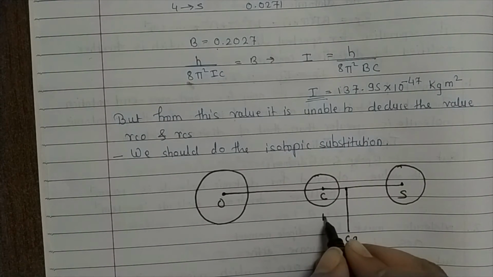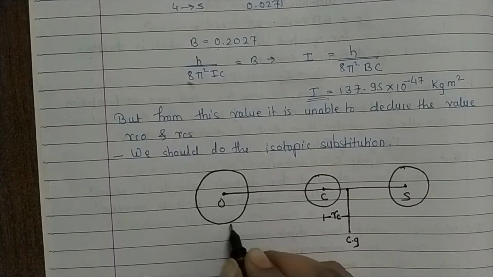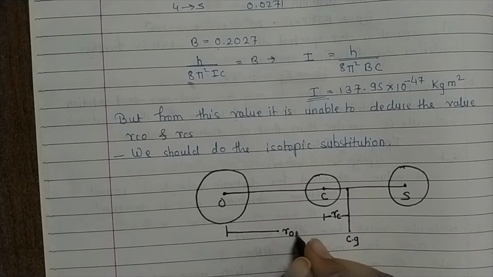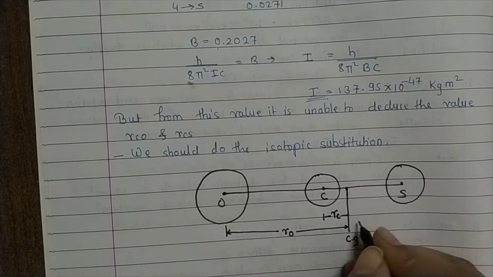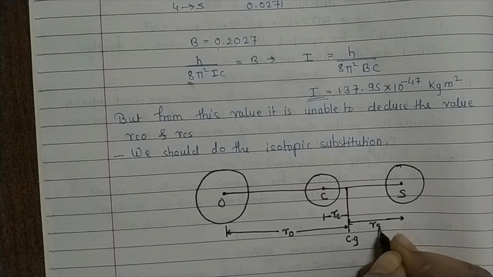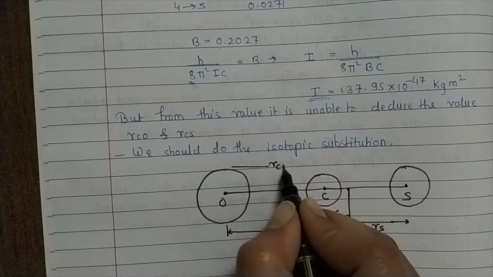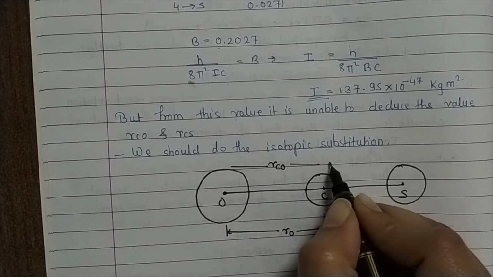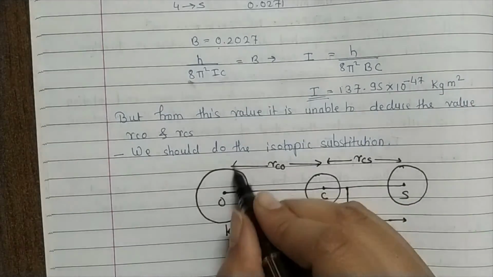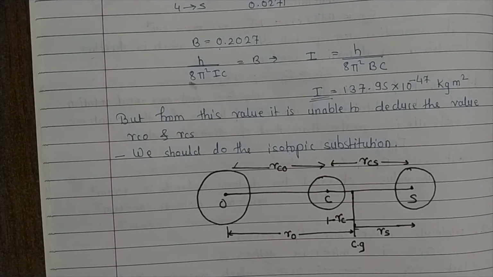So this distance is RC, this distance is RO, and this distance is RS. Okay, this distance is the distance between the bond RCO and this between the RCS. Is it okay? So now you know the meaning of each term.